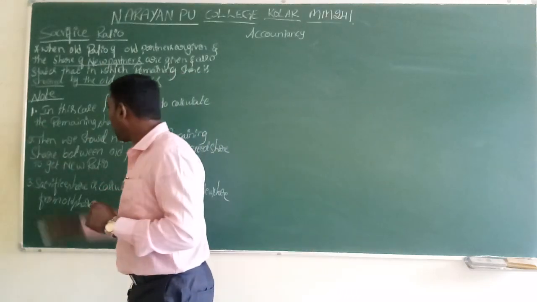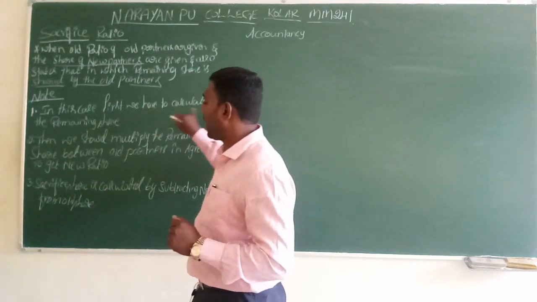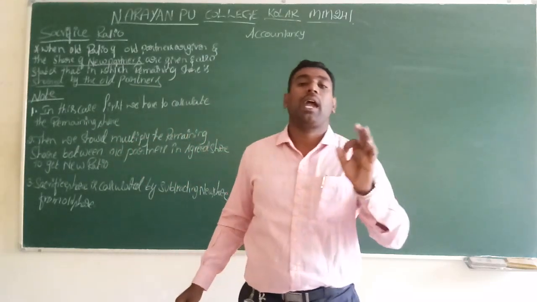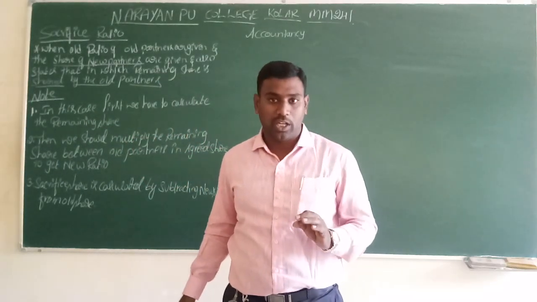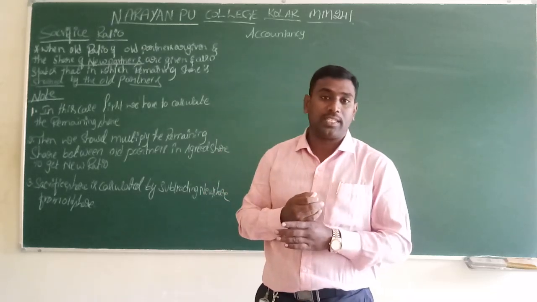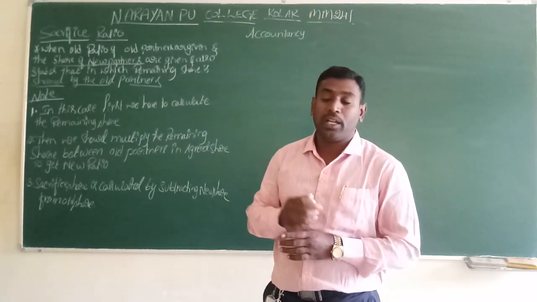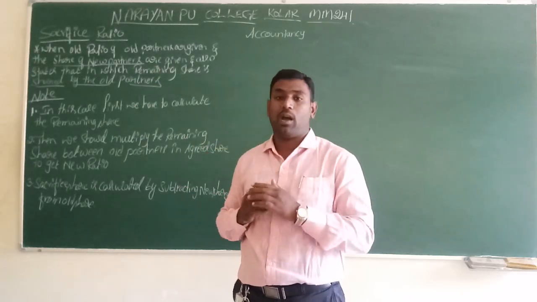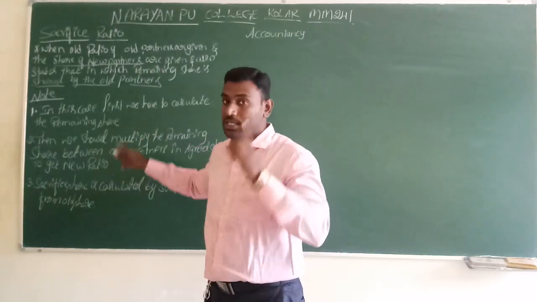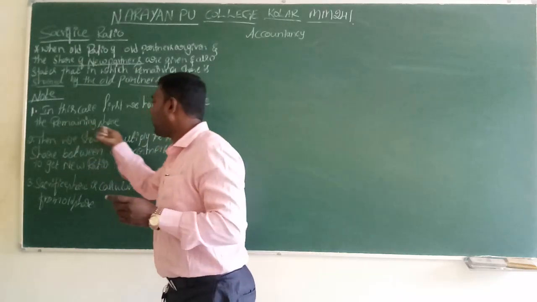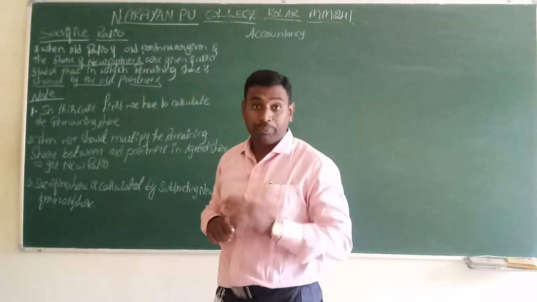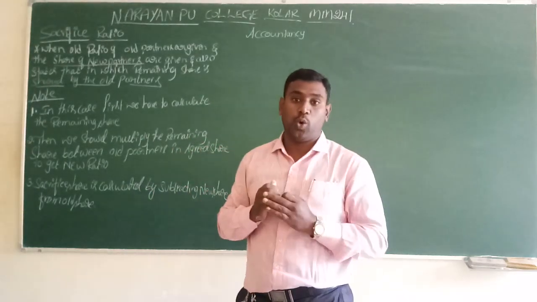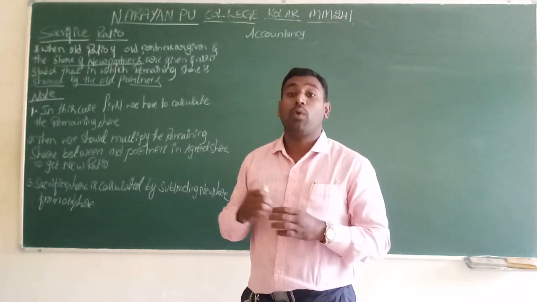In step number 1, first we have to calculate the remaining share. The remaining share is calculated by deducting the new partner's share from 1. In step number 2, we have to calculate the new ratio, or new share, of the old partners.